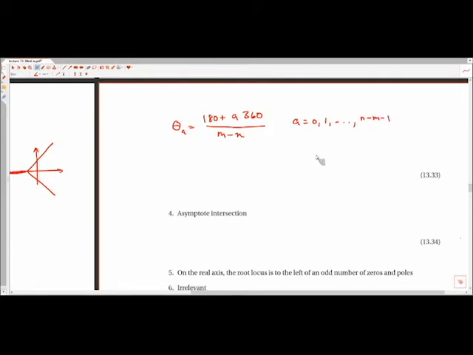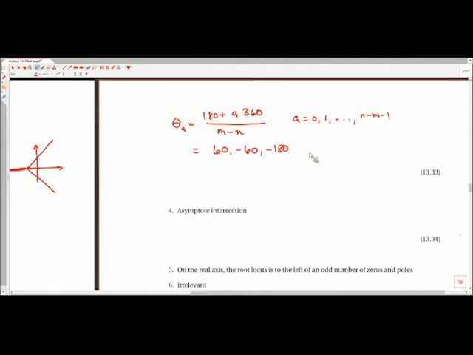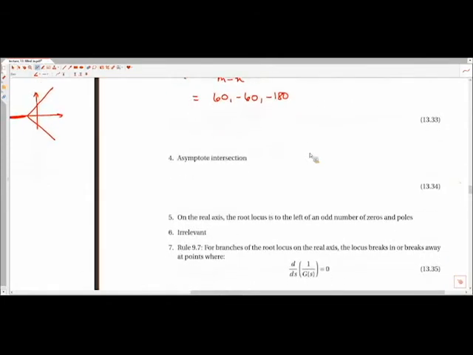As we talked about on Friday, it's purely based off the difference between the number of poles and zeros. So in this case, just like the previous example, we have a difference of 3. We'll have plenty of other examples that show different differences. So from the example we did on Friday, we know that the angles are going to be at 60, negative 60, negative 180. If it's a different number, we'd have different angles.